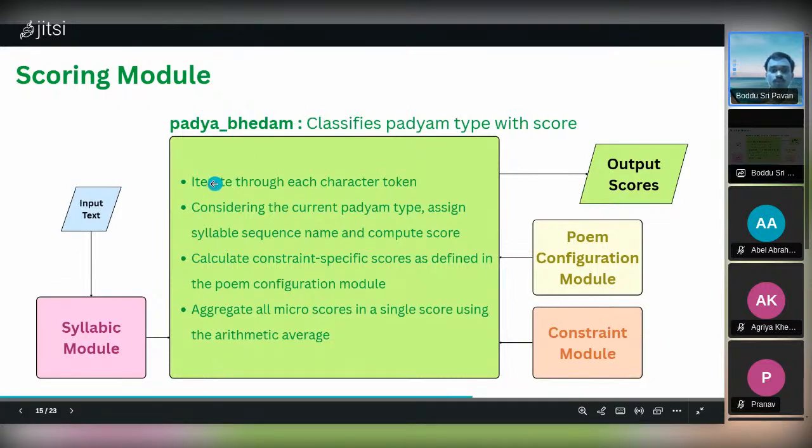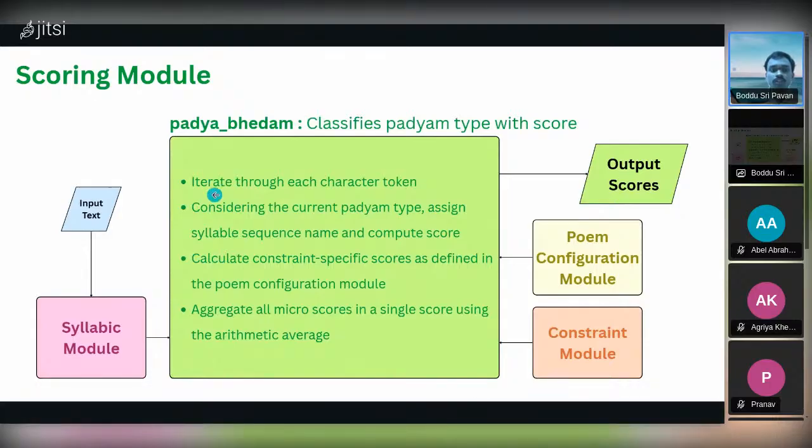Inside the scoring module, we implemented a for loop where we iterate through each character token, and it consumes the current padyam type and assigns the syllable sequence name, and it tries to compute the score. Here, we have defined the scores in five different dimensions, and later we aggregated them using a weighted average.